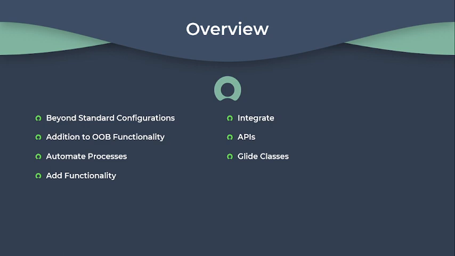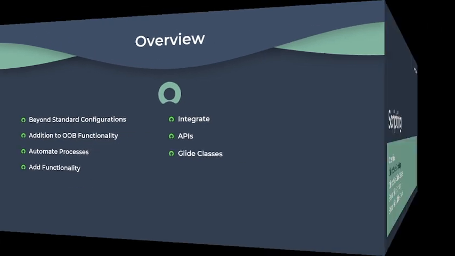Scripts can be categorized as server-side or client side. Server side can be executed on the server or database level, while client side operates within the user's browser environment. This is, you can say, the overview of scripting in ServiceNow.